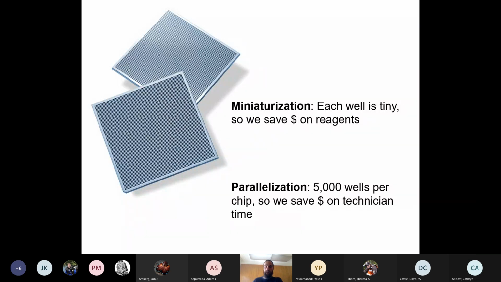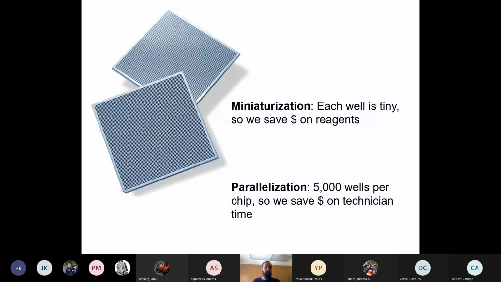And so we're able to do many analyses all at the same time. This saves a lot on technician time, rather than needing to do iterative analyses for samples, or to do many analyses on one sample and then iterate that across samples. So through miniaturization and parallelization is where we see cost savings on a per taxon per sample basis compared to qPCR. And I'll talk a little bit more about costs in a minute.